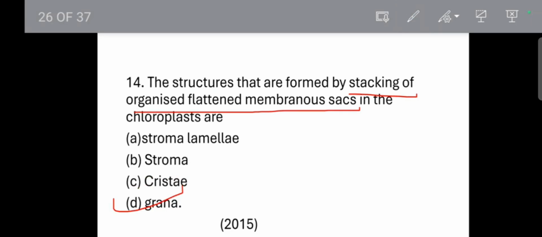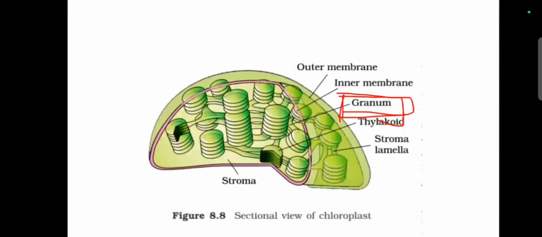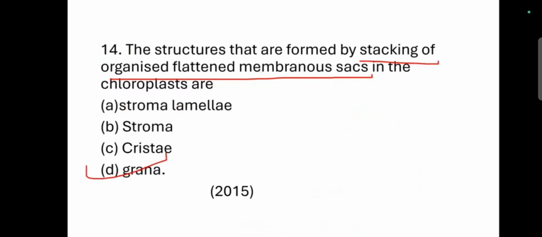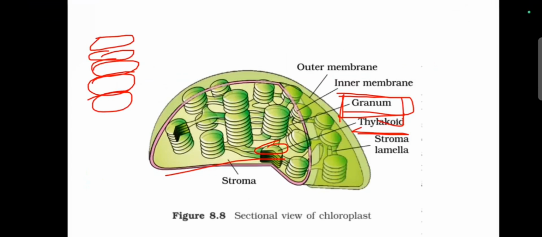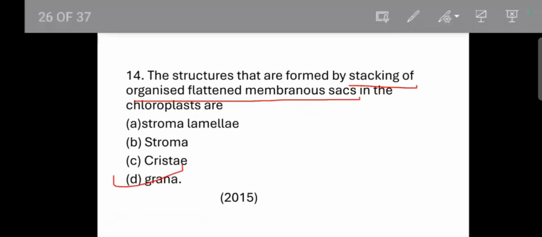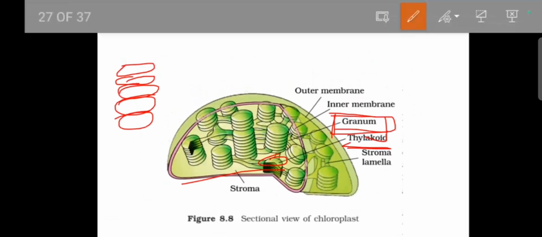So what is the stroma lamellae? We have to see the whole structure. The first one is the flattened structure, called the thylakoid. The thylakoid is the first structure, the basic unit of the chloroplast. The thylakoids are stacked or organized flattened membranous sacs, and they form the granum.